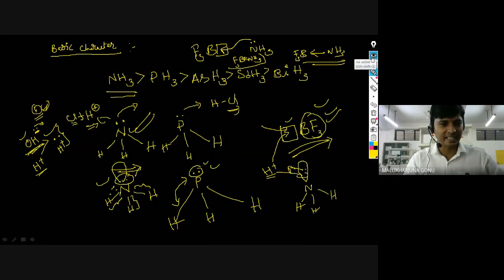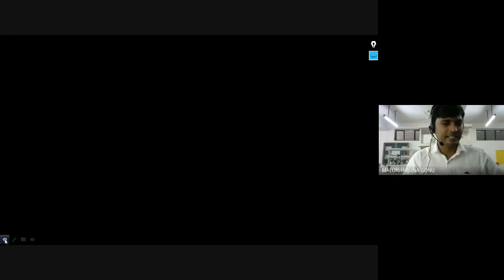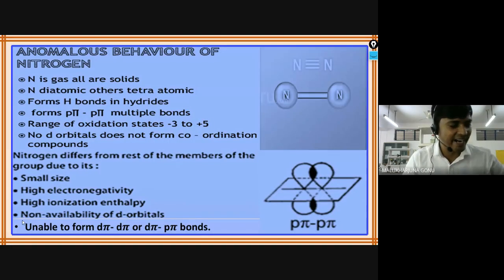Now acidic character. Acidic character will increase or decrease as you go down the group? Aishwarya, in the case of hydrides, I said basic character is decreasing. So in the case of hydrides, will acidic character increase or decrease? What do you feel, Aishwarya?